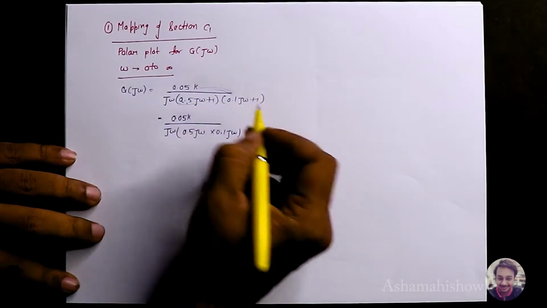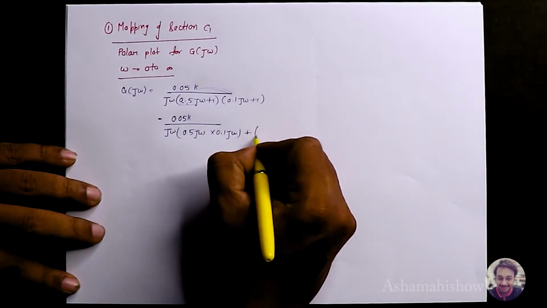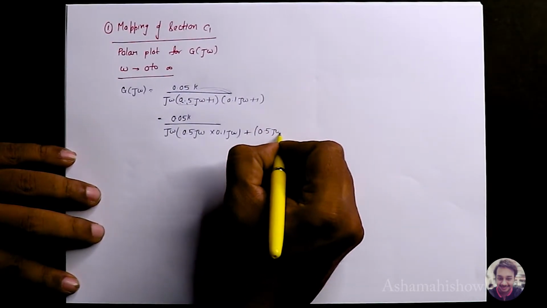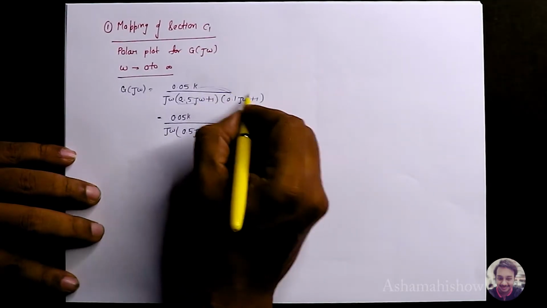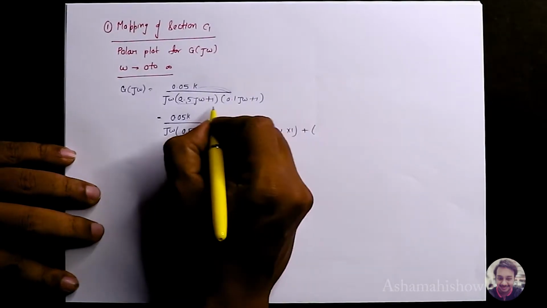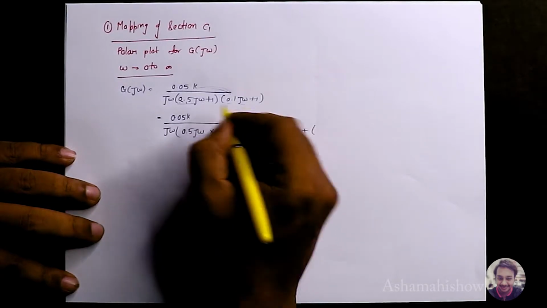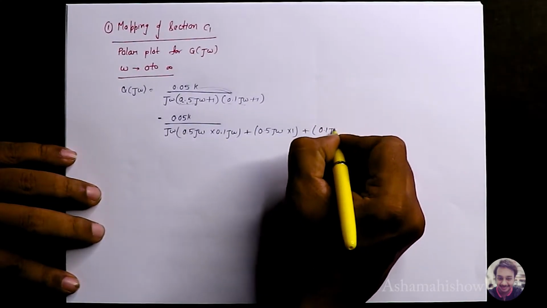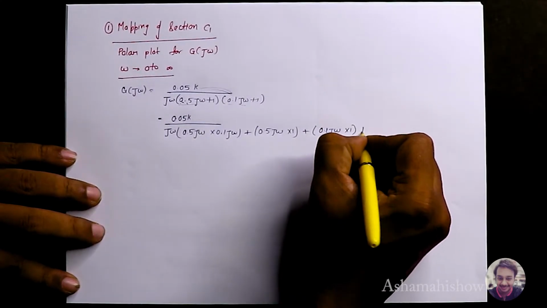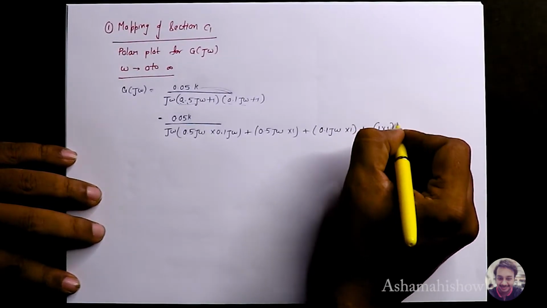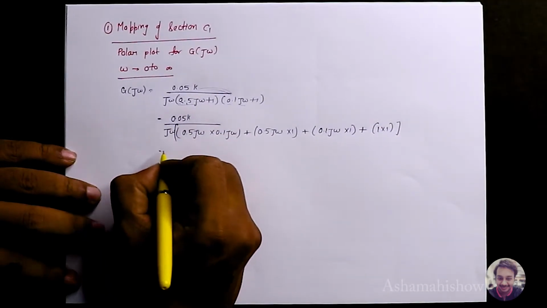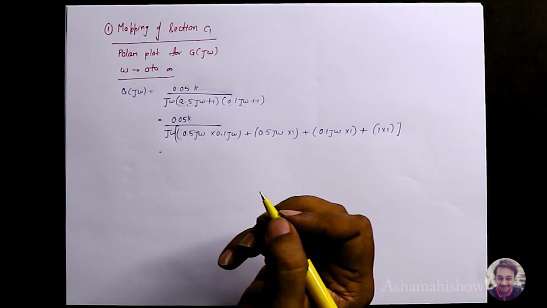For 0.5 into 0.1, plus 0.5 j omega into 1, plus 0.1 j omega into 1, plus 1 into 1. Okay, I just did it very roughly.